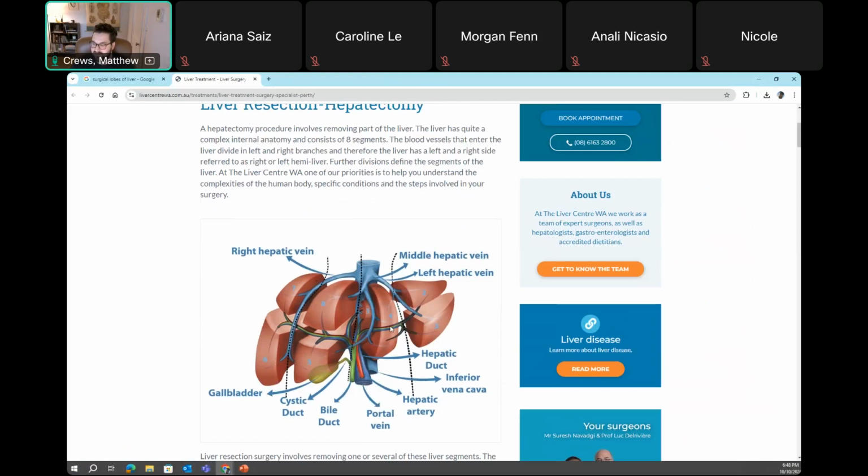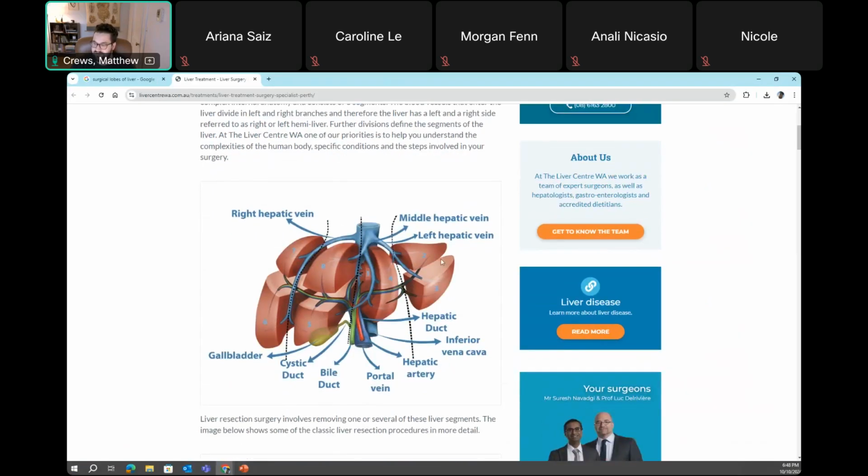The artery is providing oxygenated blood to your hepatocytes so that they can do their job. And then the veins within the liver bring it back to the IVC eventually. So this is a good representation of what the vasculature in the liver looks like.